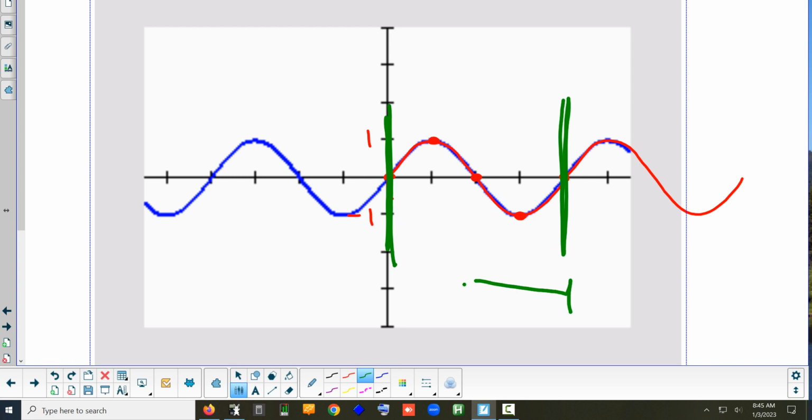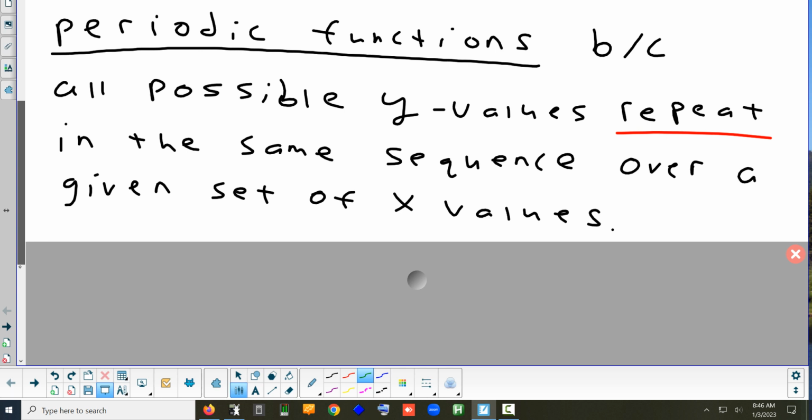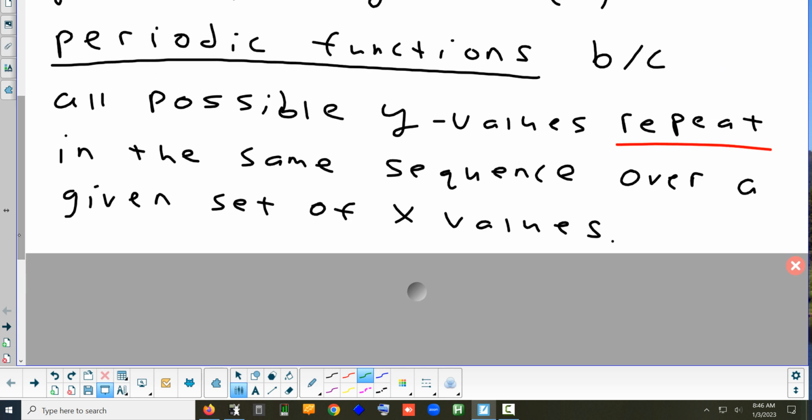This distance that I just drew in green, that's the amount of distance you have to travel before you'll see it repeat. And that distance has a name. Here I just say over a given set of x values. I'll tell you what the name is in a minute.